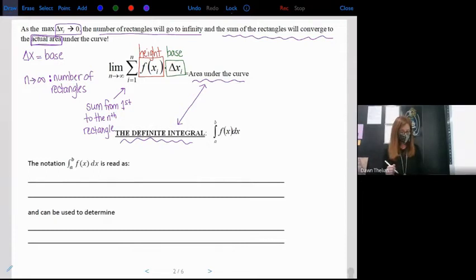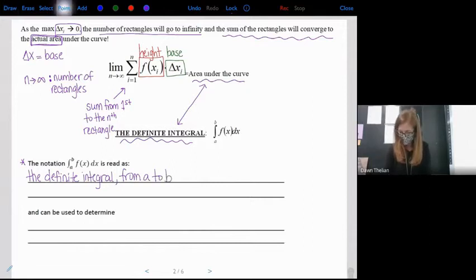So we've got this new fancy notation here. First, we've got this squiggly S thing. That's our integral symbol. Let's just fill in the notes here before we label it. It says the notation is read as, so we read this as the definite integral from a to b. Notice that that's like from the bottom to the top.